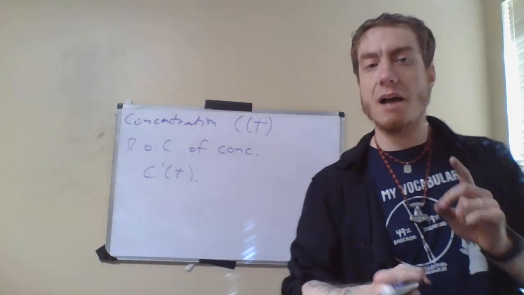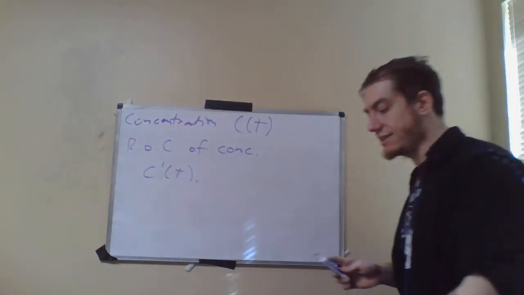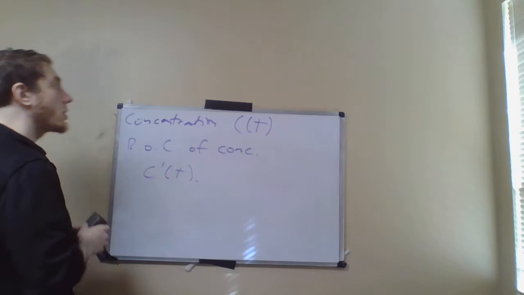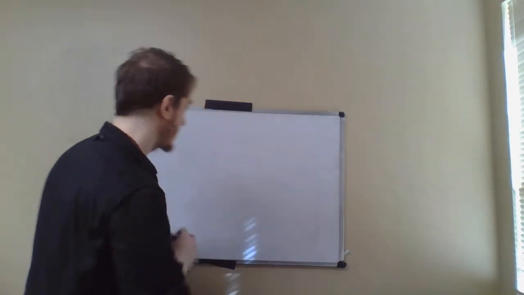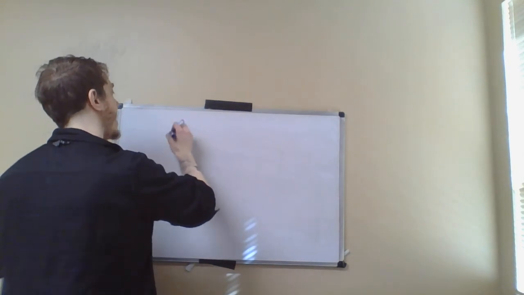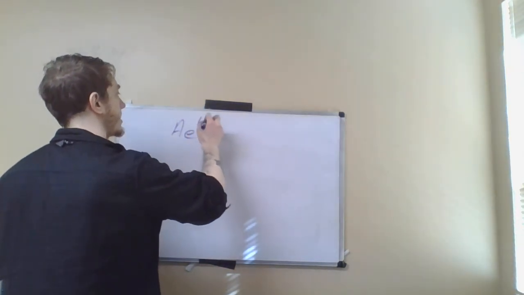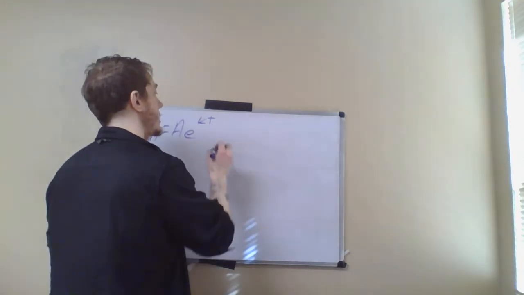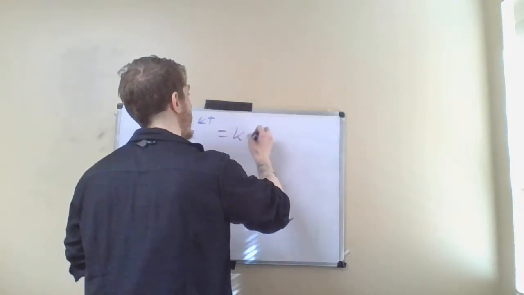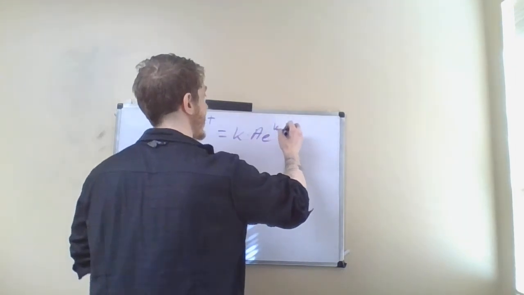Now, one of the observations that I want to make here is that there is a particular type of function that has a really nice property. So notice that if I have a e to the kt, if I take the derivative of this, it ends up being k times a e to the kt.